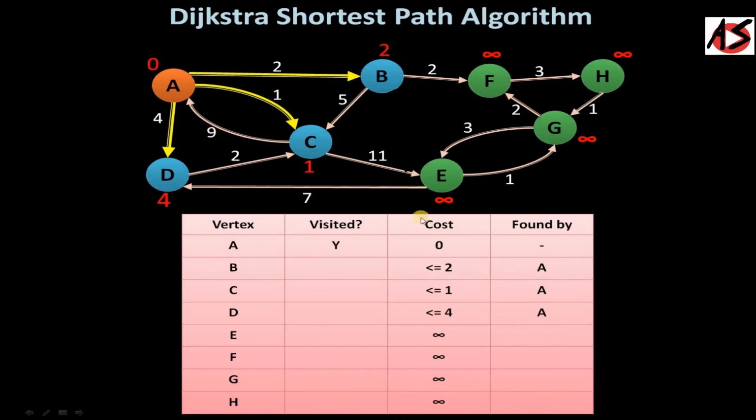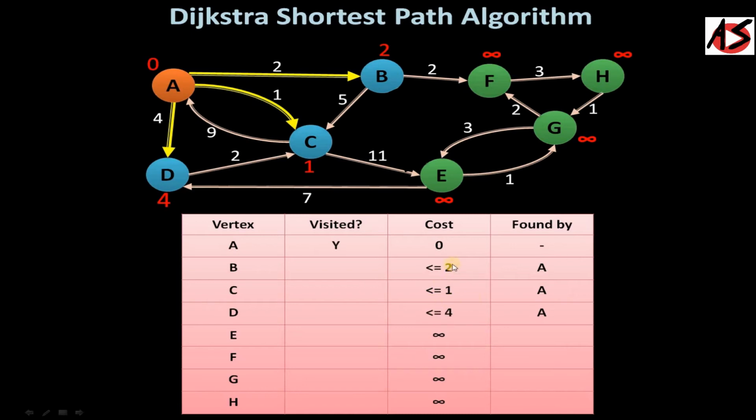So initially we write it in the form of less than or equal to, until we get the confirmed minimum cost of the node. When we get the links from A to B, A to C and A to D, it is confirmed the cost is not going beyond 2, 1 and 4. That is why we are writing it as less than or equal to 2, less than or equal to 1 and less than or equal to 4.